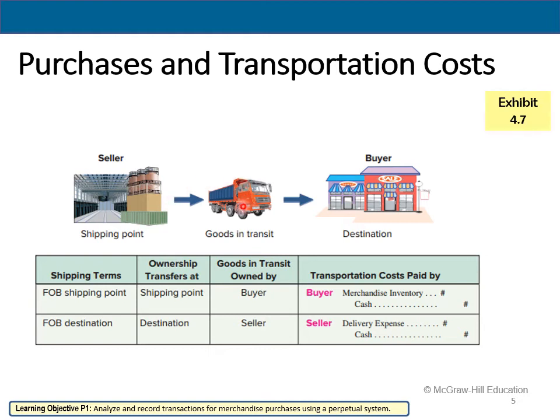So when goods are shipped, the buyer now owns them. And generally that also means that the buyer pays for transportation costs. So when goods are shipped FOB shipping point, the buyer pays for the transportation costs, and they're recorded as an increase to merchandise inventory.